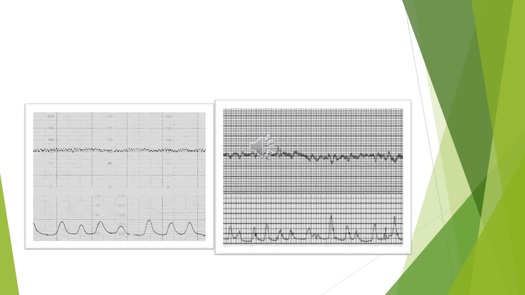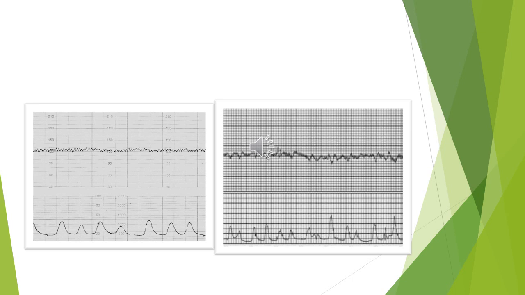As you can see here, the CTG on your left hand side is a sinusoidal pattern again. So this is a regular oscillation, like a sine wave appearance. There is no variability in these oscillations: a fixed amplitude, a fixed rate above and below the baseline, which is 5 to 15 beats per minute.